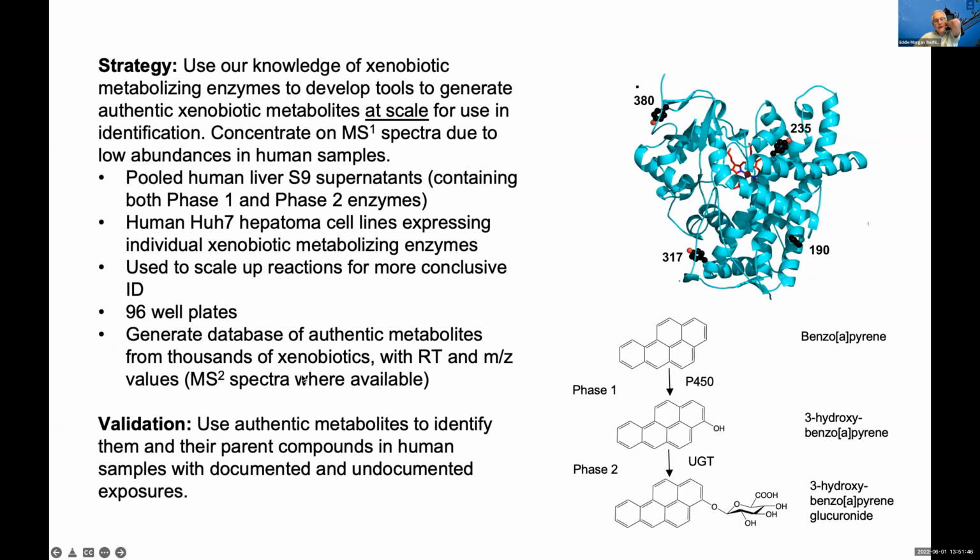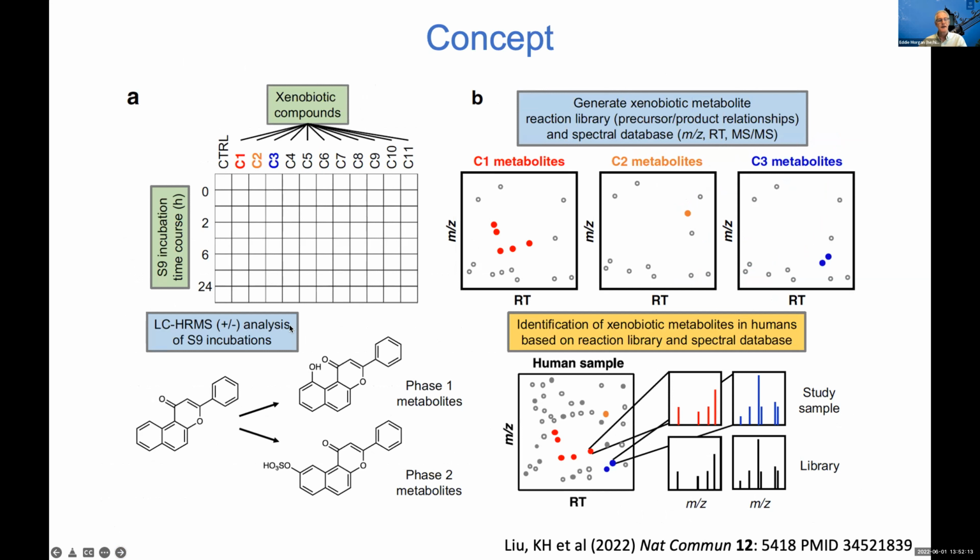So this is just a diagram of that overall concept. Here we've got our S9 supernatants with various chemicals incubated in 96 well plates for different times. And we're going to subject those incubations to LC-HRMS analysis. Those are going to detect features that emerge or are increased over time, so are probably metabolites, and that's coupled with bioinformatics analysis, prediction of likely metabolites by BioTransformer and other bioinformatic methods.